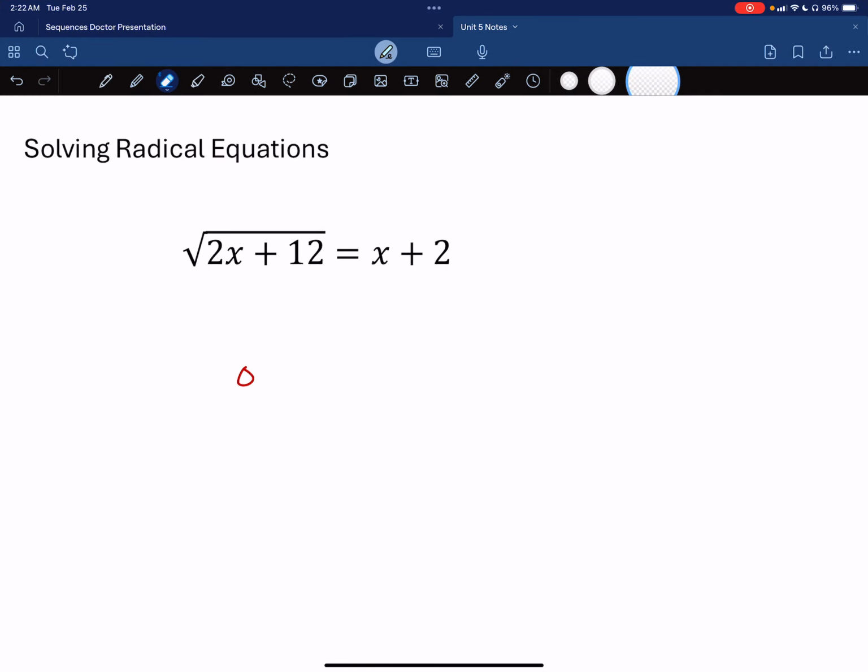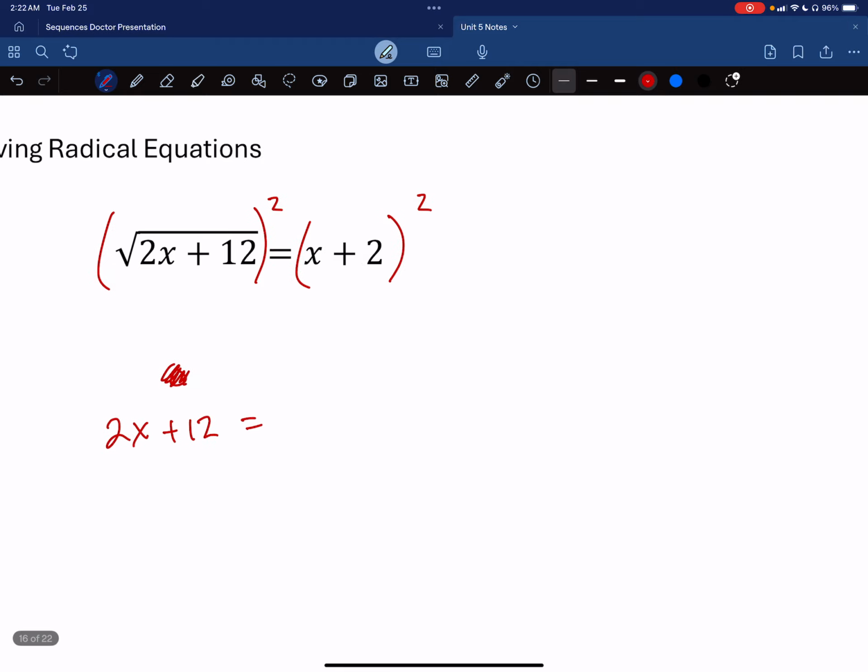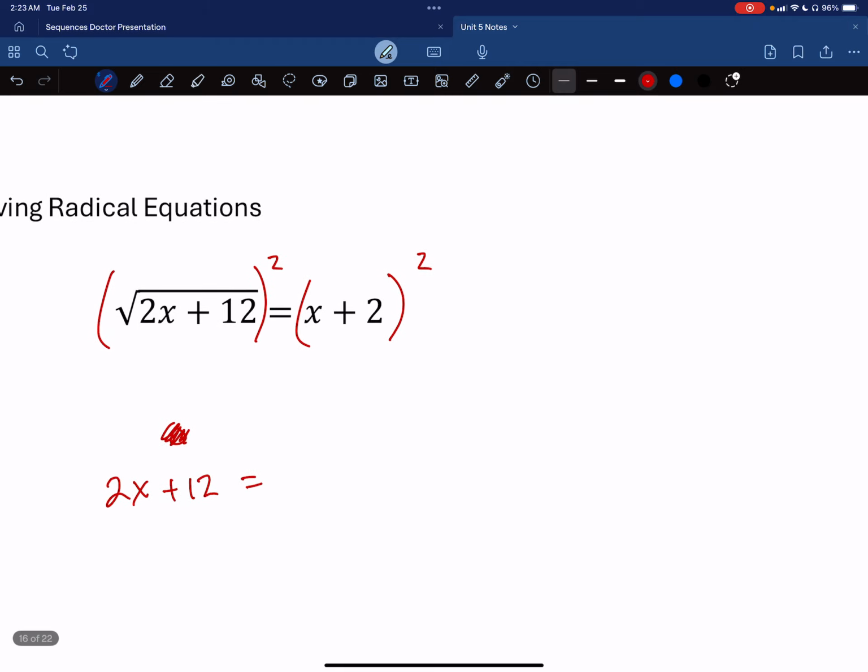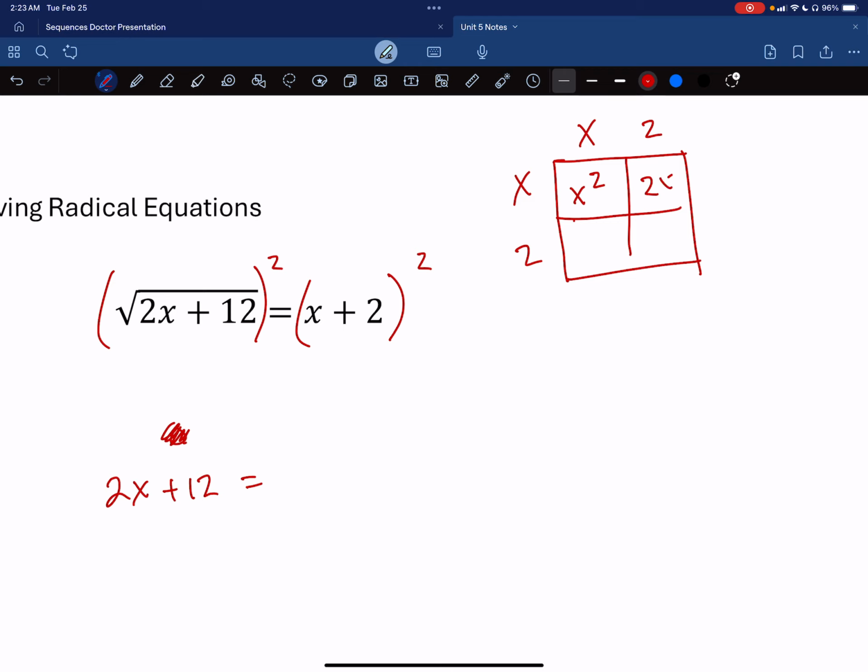Same idea. Right? So now we've got to square both sides. Okay, so we're going to be left with 2x plus 12. My square root's going to go away. Over here, we're multiplying (x plus 2)(x plus 2), so we're going to do our box method. x squared, 2x, 2x, we get 4.